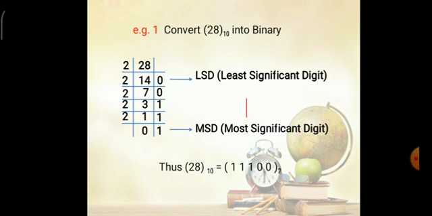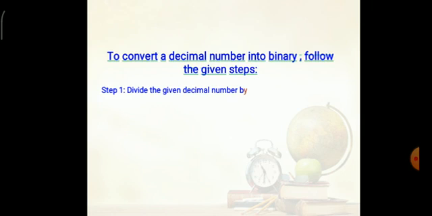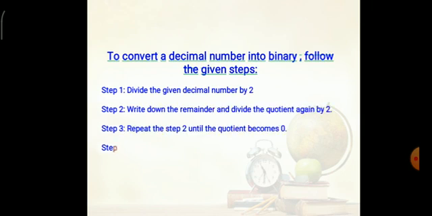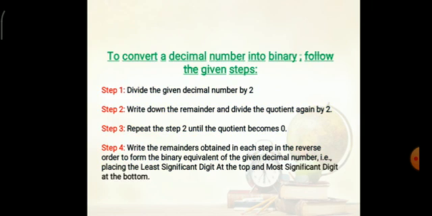Let's have a look at the steps of how the procedure is done. To convert a decimal number into binary, follow the given steps. Step 1. Divide the given decimal number by the base 2. Step 2. Write the remainder and divide the quotient again by 2.